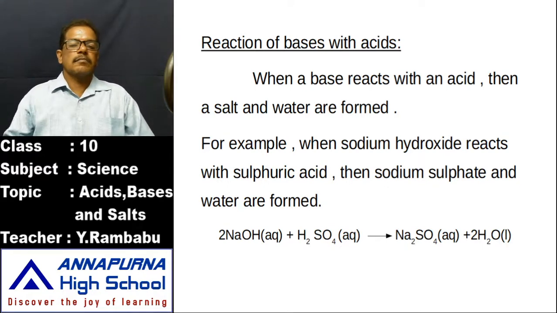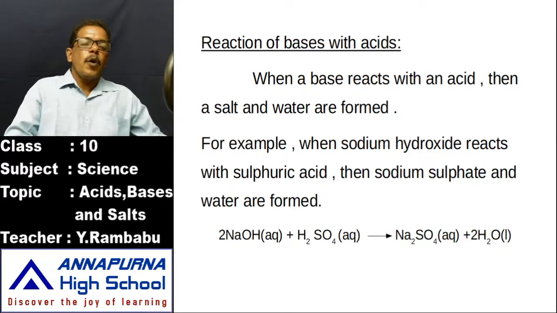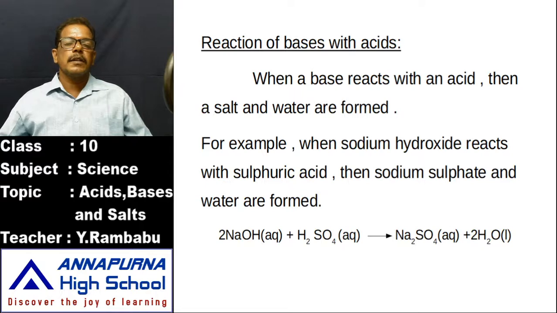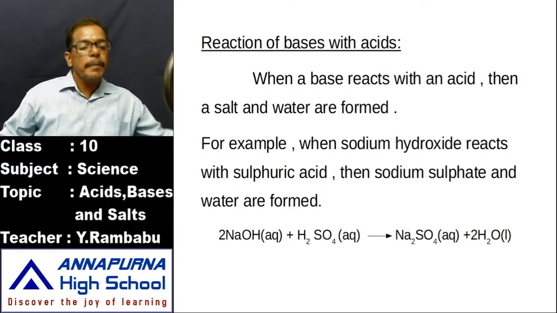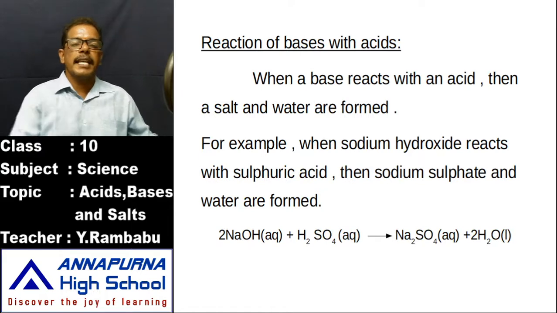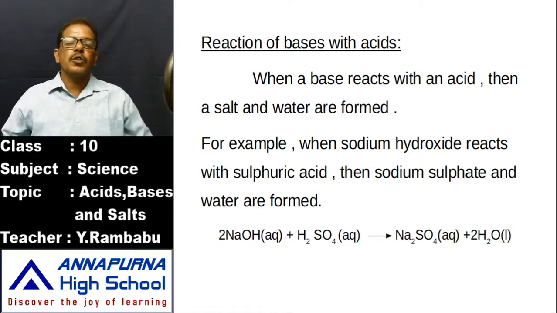What does the negatively charged part mean? That is the non-metal part. The positively charged part in the base combines with the negatively charged part in the acid, that means Na plus and SO4 2 minus. These two combine and Na2SO4, sodium sulfate salt, is formed. And H plus ions and OH minus ions combine and water is formed.